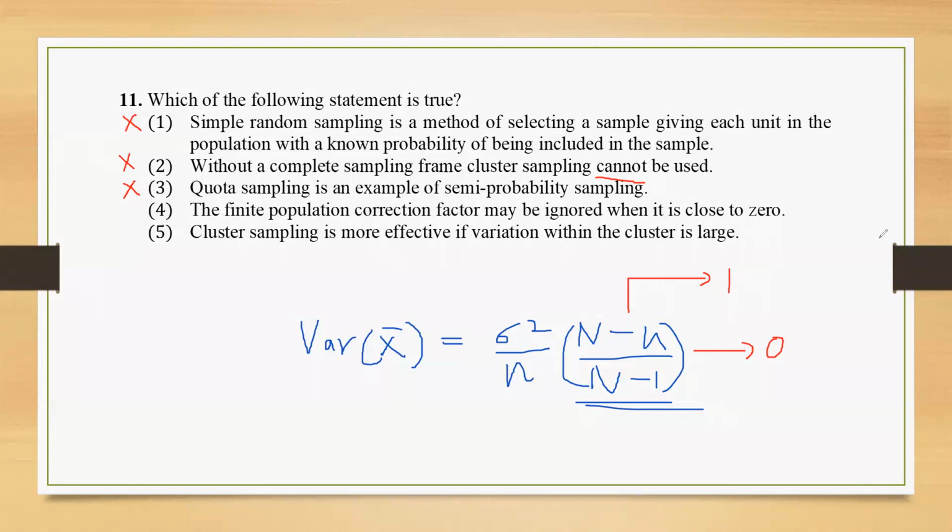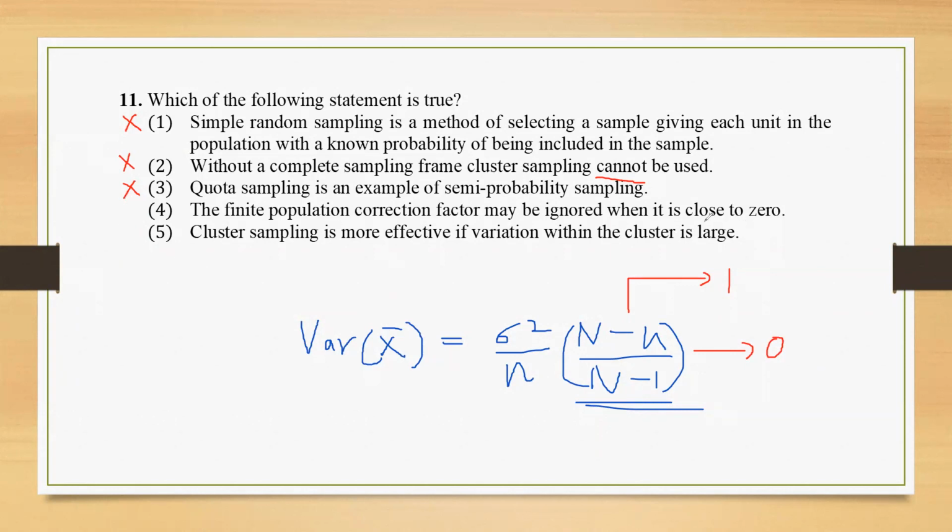Because the variance is also going to be reduced. But if the finite population correction factor is close to 1, there is no change. So in such a situation, we can ignore the factor. Right? So the fourth statement is also incorrect.